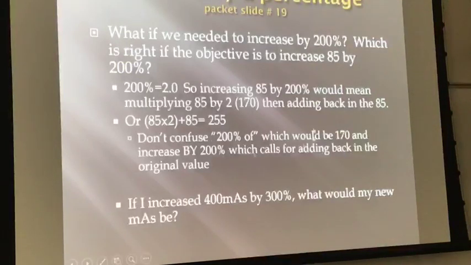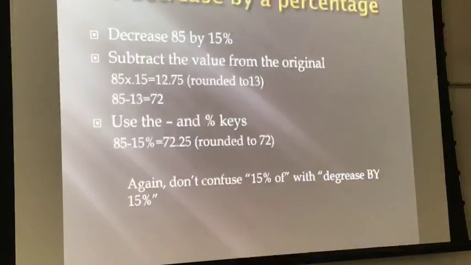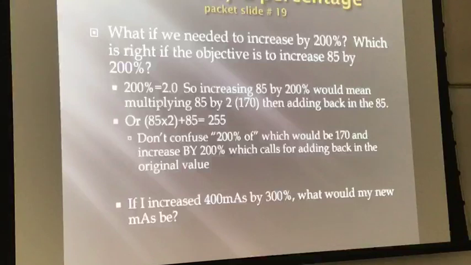So don't confuse 200% of, which is what 170 would be, with the increase by 200%, which would be 255. Wait, go back, what was the answer? On which one? The 85 by the 200%, what was the final? 255. Okay.